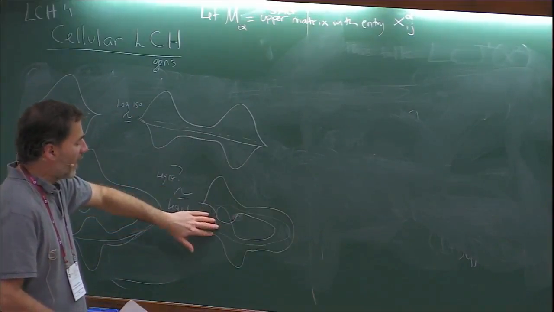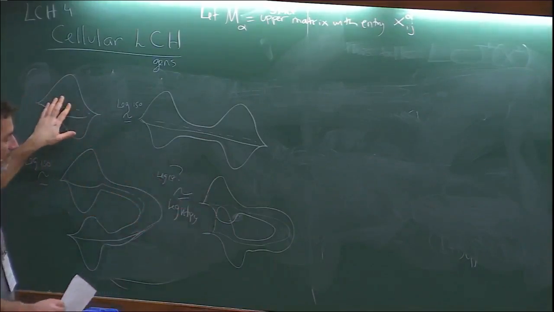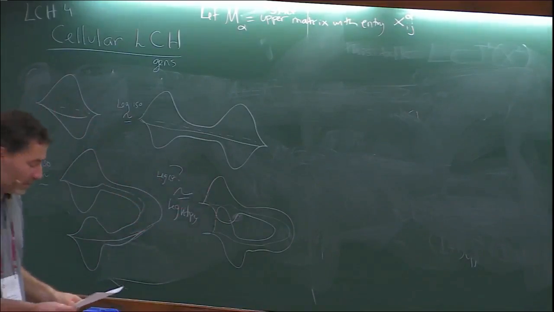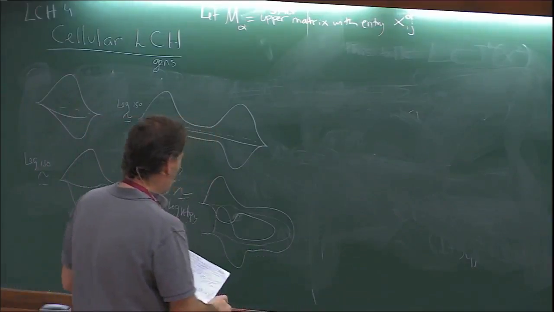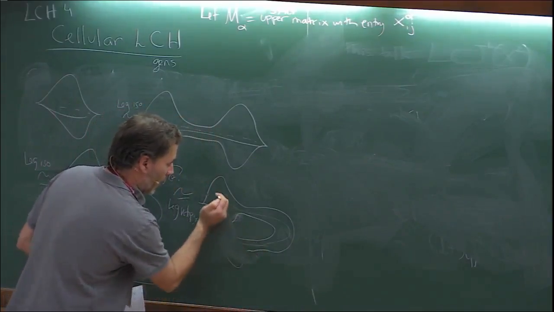So to show that it's not, let's just look at the DGA of this guy compared to the DGA of that guy and see that they're different. So in this case, I'm going to imagine that this one is smaller.